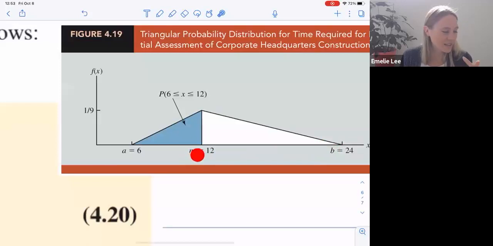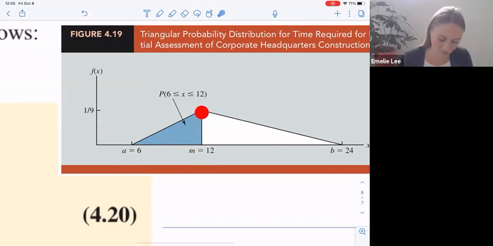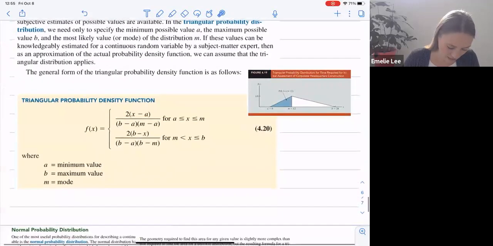So we just need a minimum, a maximum, and we're going to use the mode, which is just our most frequently occurring value, as the peak of this triangle. Notice it can be misshapen, and depending on which side of the mode we're on, we're going to have to calculate the area under the curve a little bit differently. So that's going to be reflected in this function.